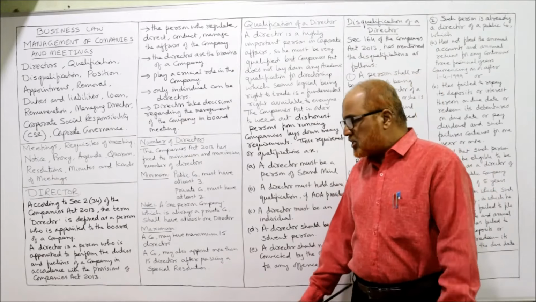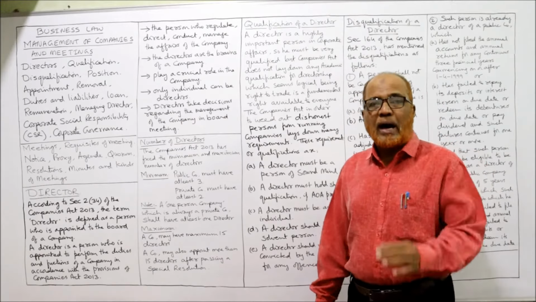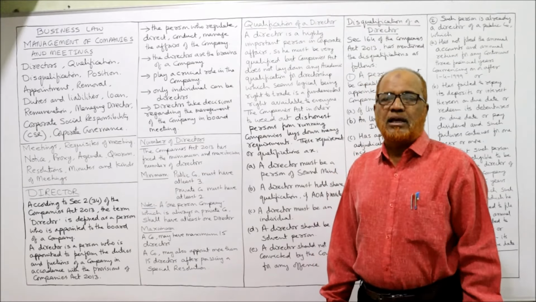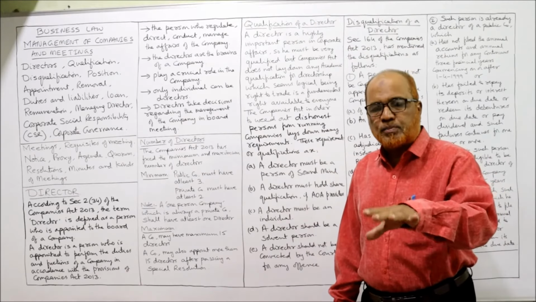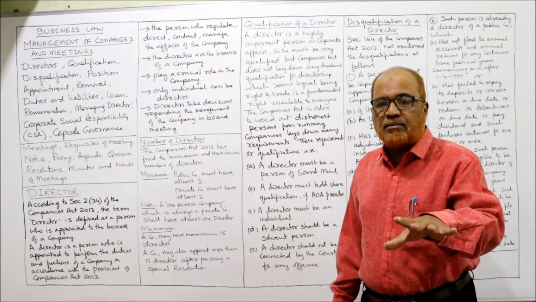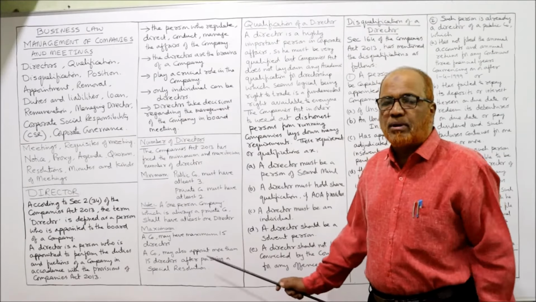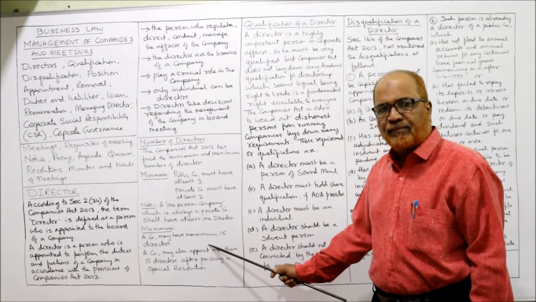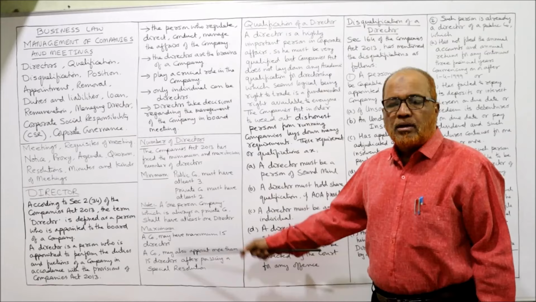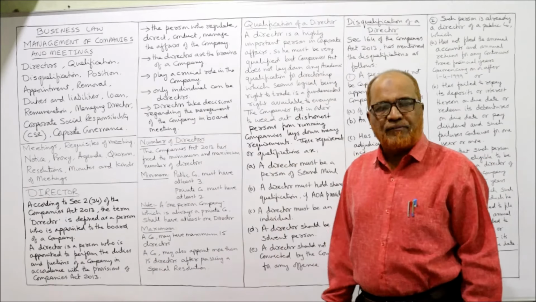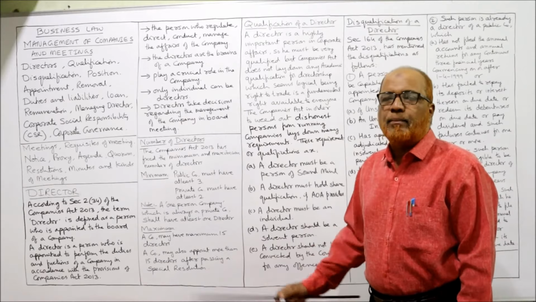If the company passes a special resolution, then the company may have more than 15. But without that special resolution, the maximum number of directors is 15. That's all. So I have explained the definition of director and number of directors in a company.